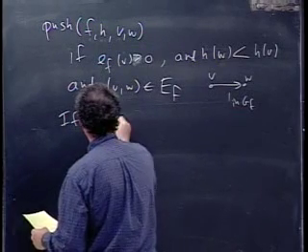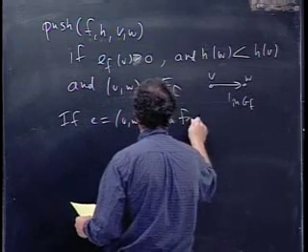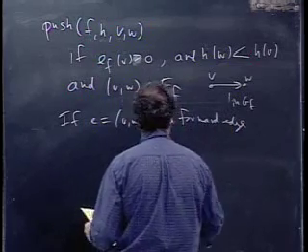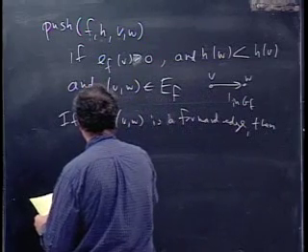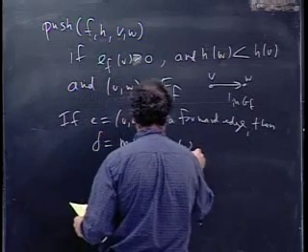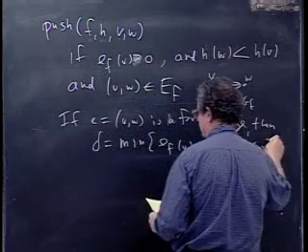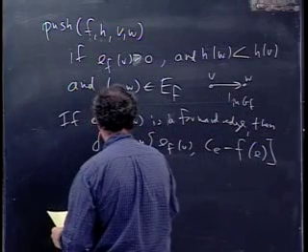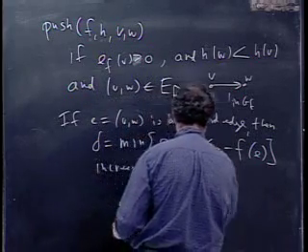If e = VW is a forward edge, okay, then delta is the minimum of e_F(V), or c_e minus f_e, then increase f_e by delta.